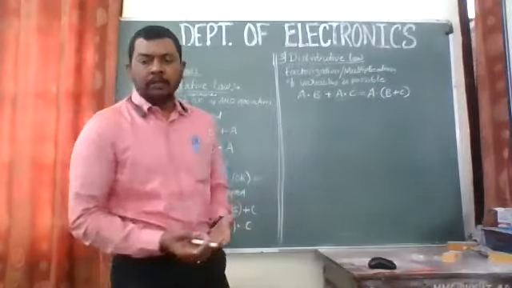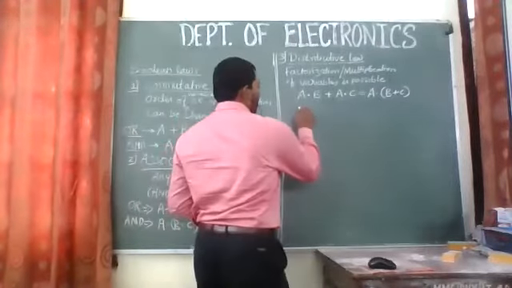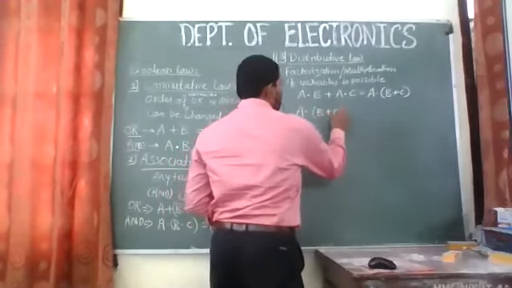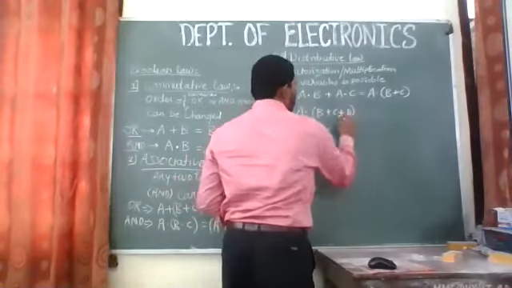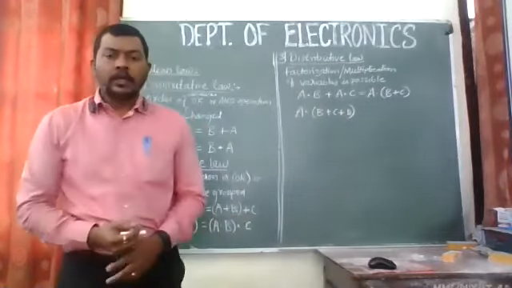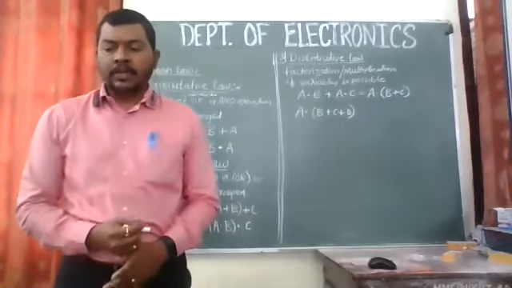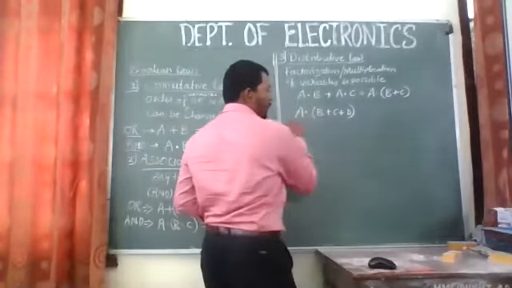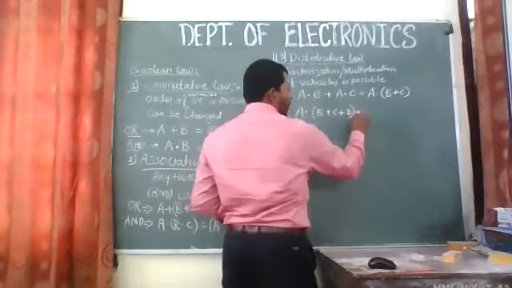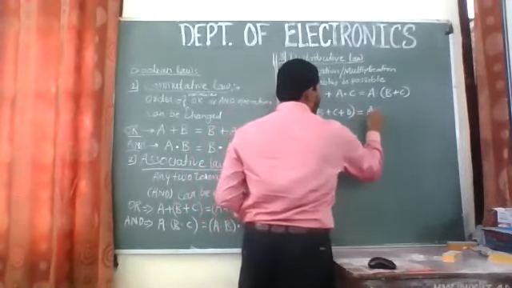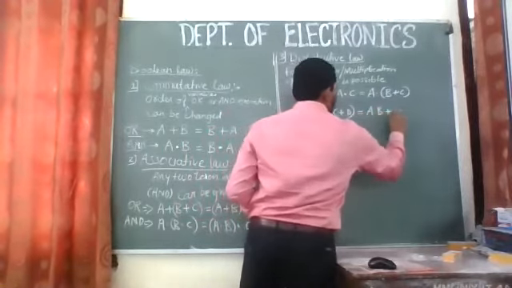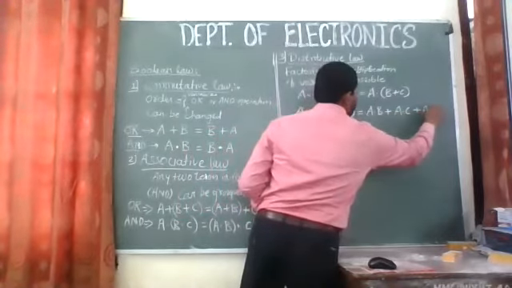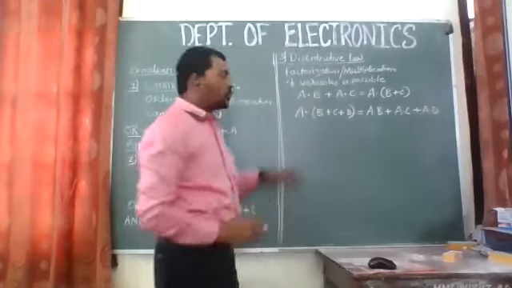So this is one. And for multiplication, similarly we can write A dot (B plus C plus D). If we have taken four variables like this, A dot (B plus C plus D), then for multiplication, the variable A can be multiplied to all. So we can write A dot B plus A dot C plus A dot D, right?